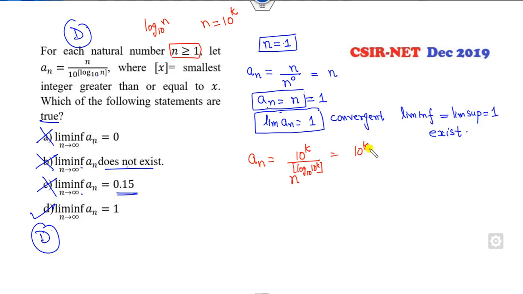It's 10 raised to power k. Again you can see that an will be 1 for all cases. So it is a simple case of this.